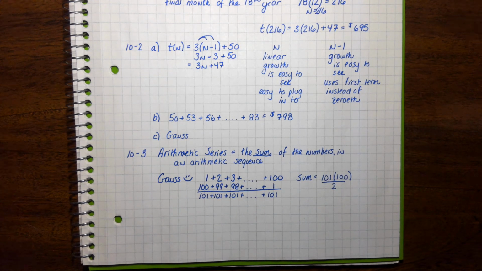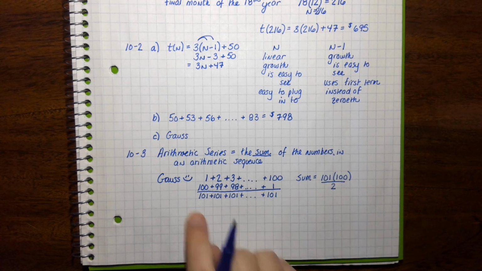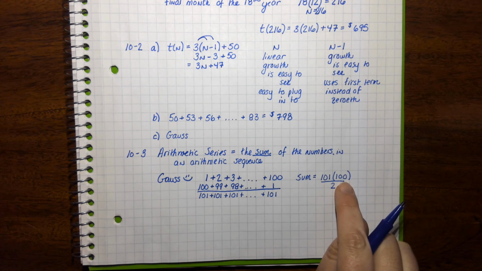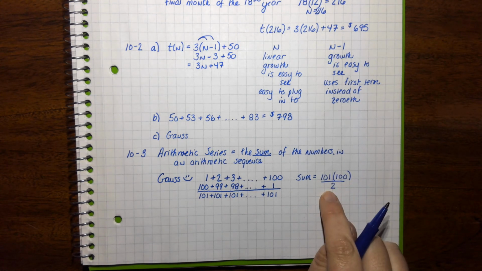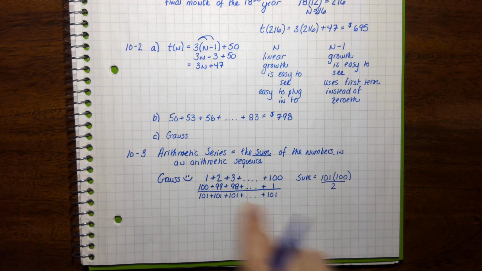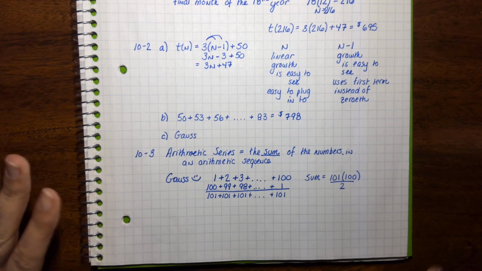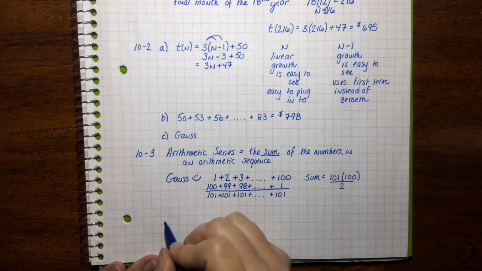So he said, okay, just add up the columns. There's 100 of those columns, but I need to divide by 2 because I wrote the series twice. Amazing kid, right?